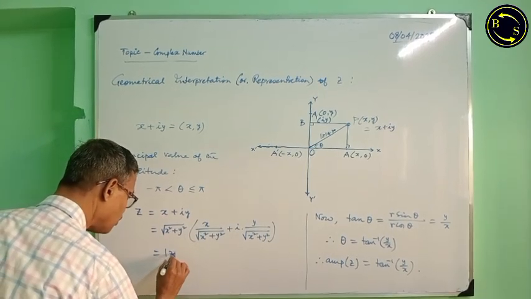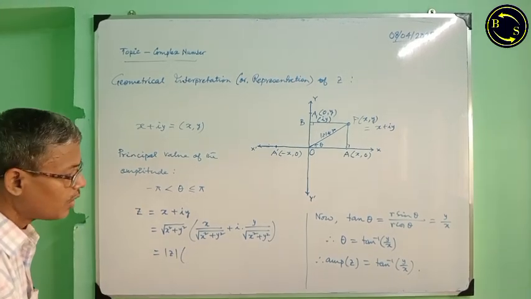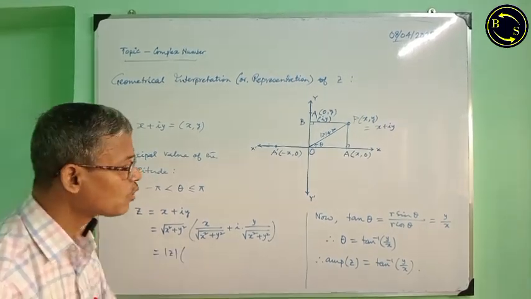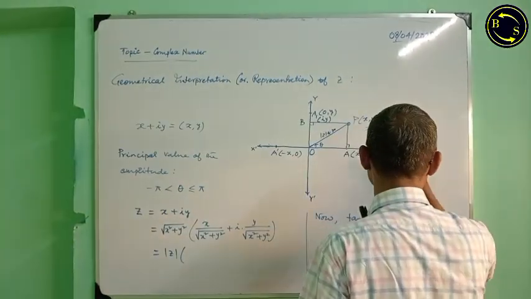Therefore, now x by root over x square plus y square.